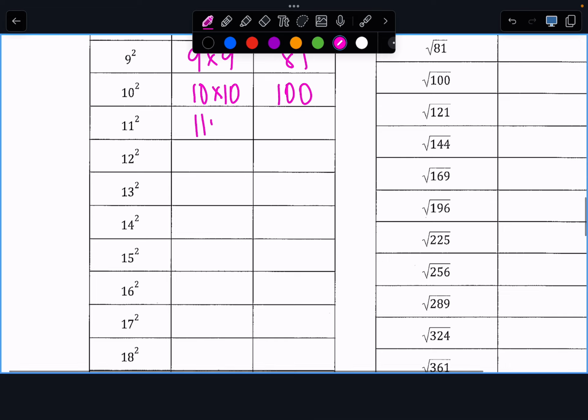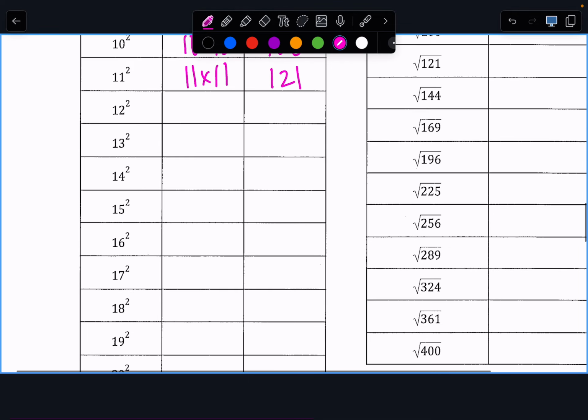11 times 11 is what 11 squared means. What is it? 121. 12 squared means 12 times 12, which is 144.